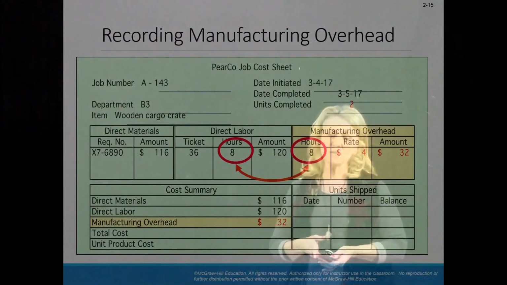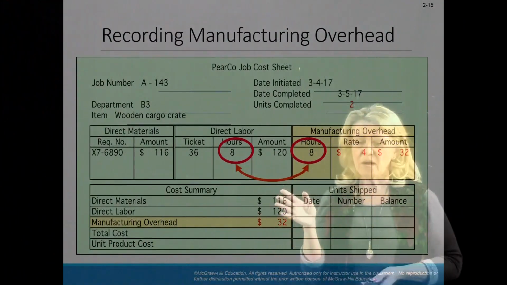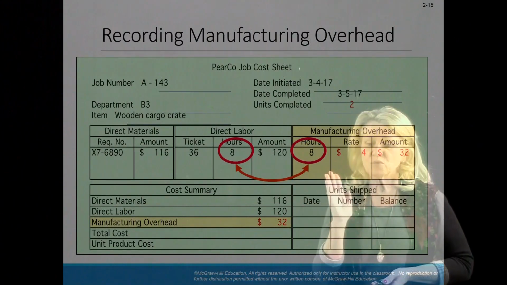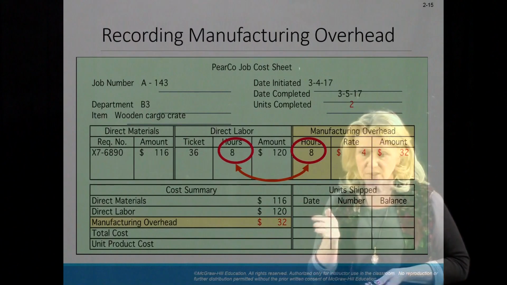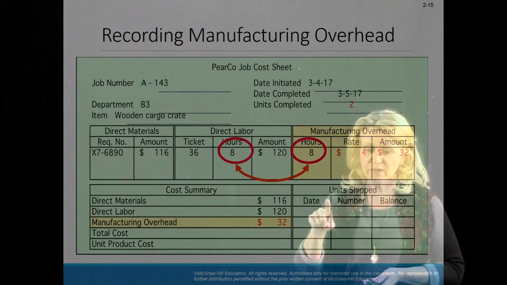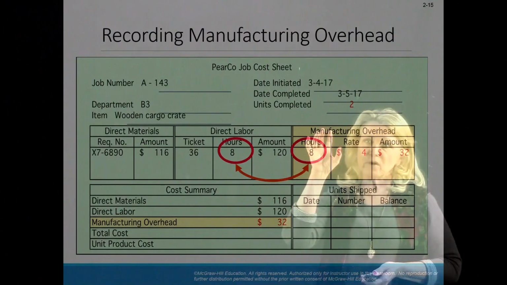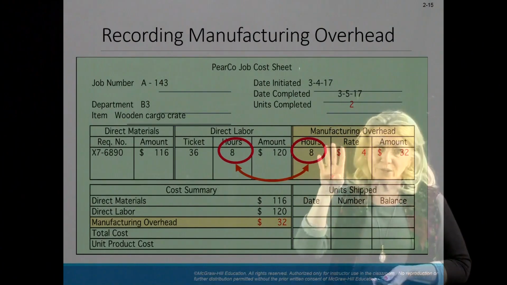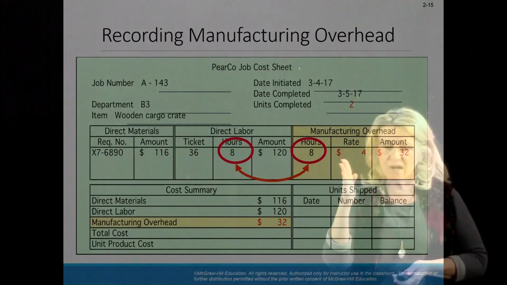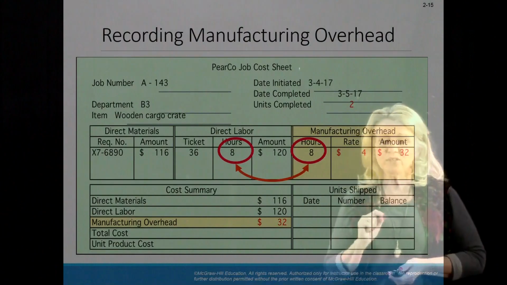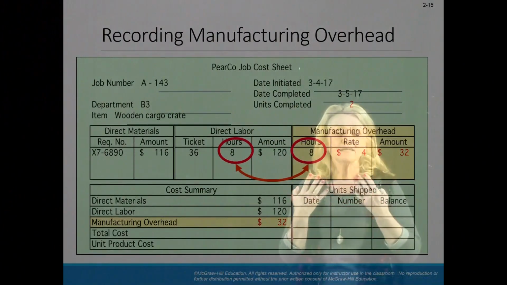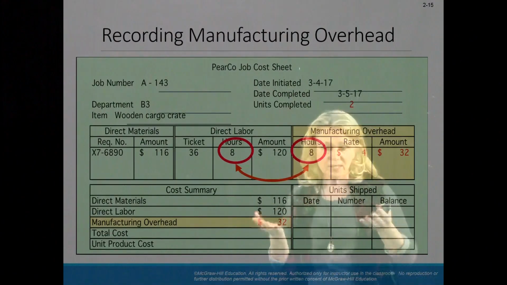All right, so now we go back and we say the materials were $116, the direct labor was $120, and we're using those direct labor hours to calculate manufacturing overhead. We said our manufacturing overhead was $4 per allocation unit. Well, it's our hours, so 8 hours times 4 equals $32 allocated to each crate.